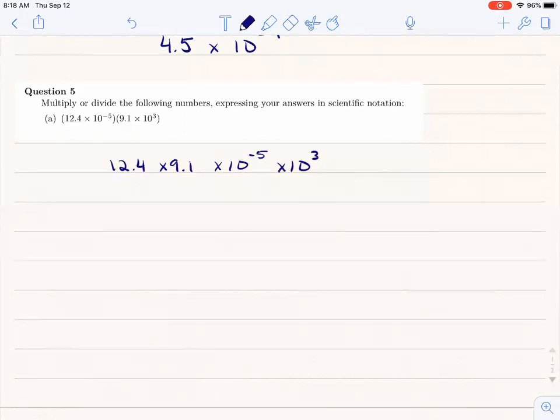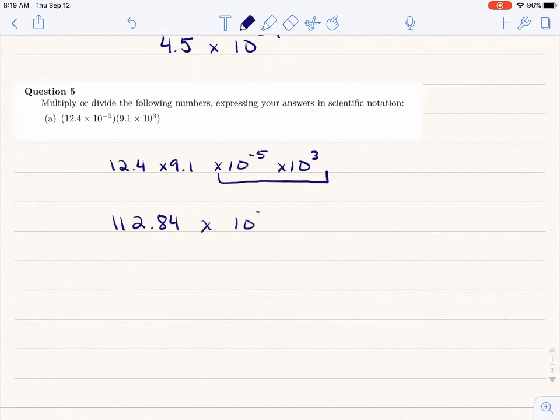Because what we said was, these two guys have the same base, right? And so we can combine them and rewrite this as 12.4 times 9.1, that one's not going to change, which is 112.84.